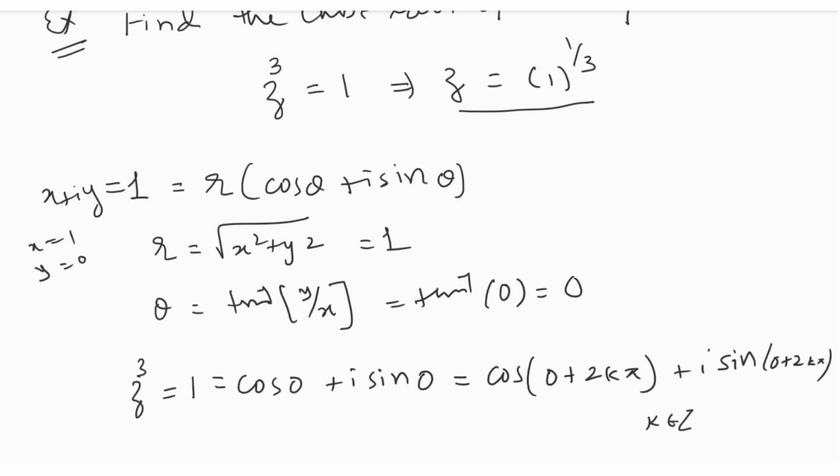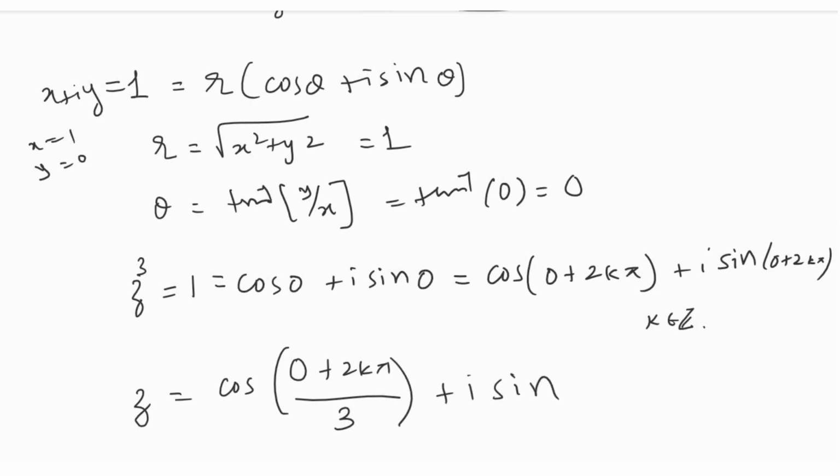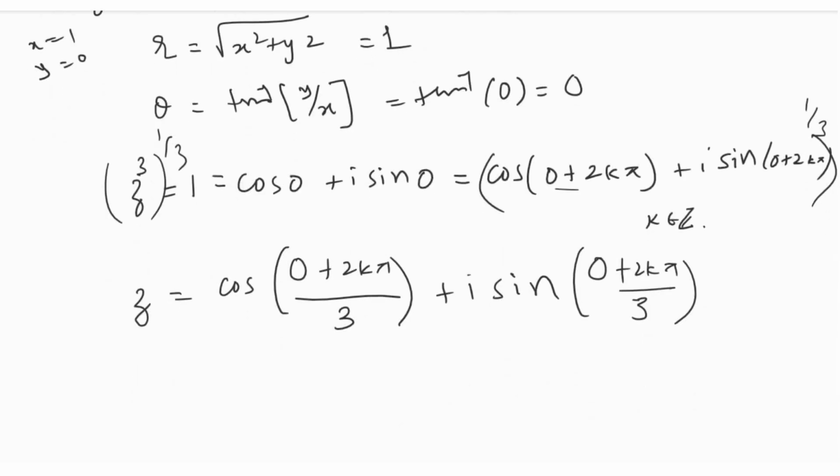where k belongs to Z. Now, as we have discussed above, the value of z will be cos of (0 plus 2k pi) by 3 plus i sin of (0 plus 2k pi) by 3, if you take the cube root here and take the power inside using De Moivre's theorem as we have discussed above.